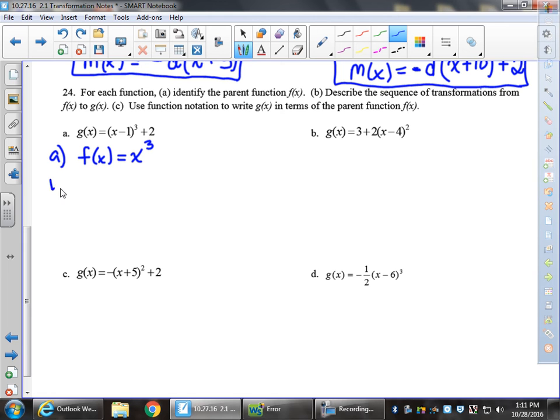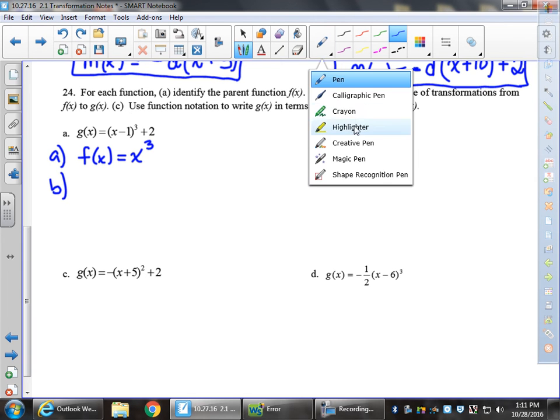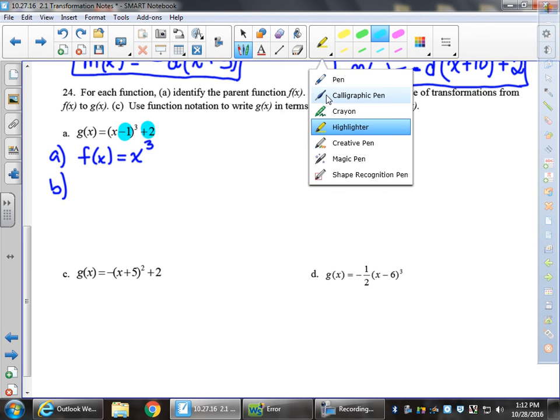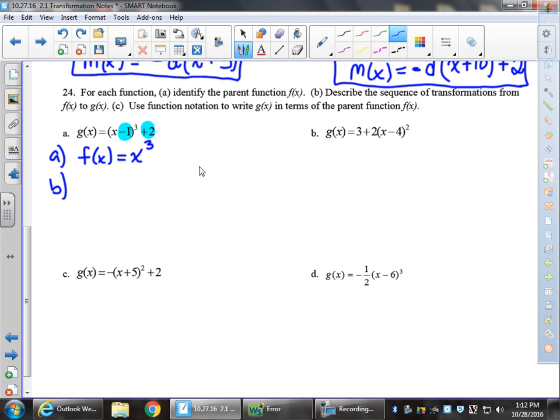Once I can see my parent function, now I can visualize a lot easier what's been done to it. So I'm seeing a horizontal shift on the inside and a vertical shift on the outside. When I see x minus 1, I know that that will be a shift right 1, that positive 2, up 2.